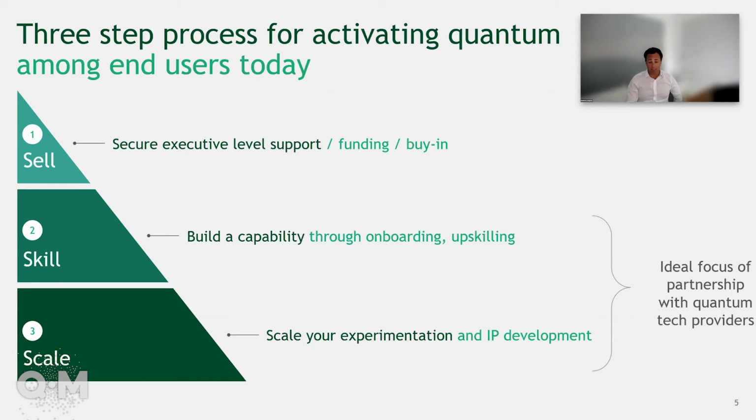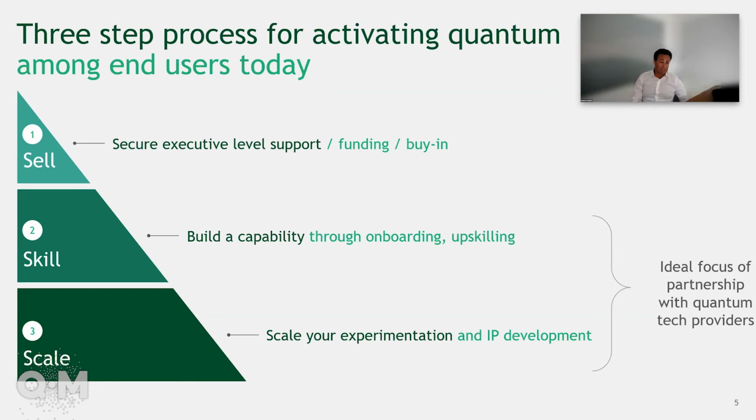The first thing that typically happens is that you need to secure some level of executive support, whether it's funding or a regular cadence that helps keep the capability moving forward. The second is skilling, which is really building a capability. Sometimes, as I mentioned in the finance case, it's by directly onboarding folks. Sometimes it's upskilling folks you already have in-house. And oftentimes it's done through partnership.